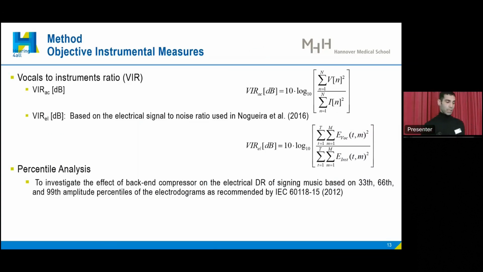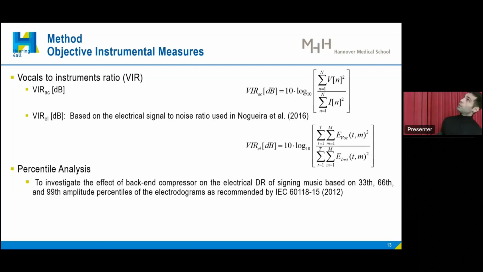And the second objective instrumental measure that we have introduced in this study is called vocals to instrument ratio, short VIR, electrically, which is based on the electrical signal to noise ratio used in Noguera et al. in 2016.